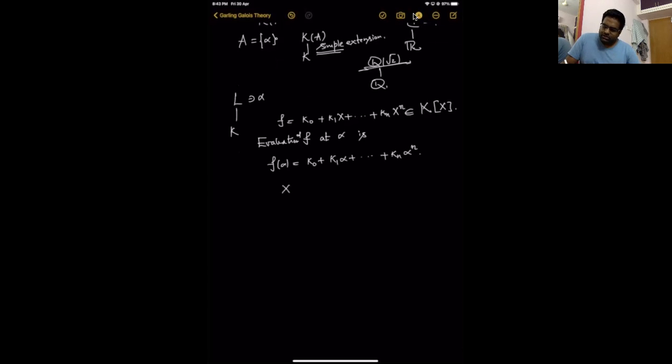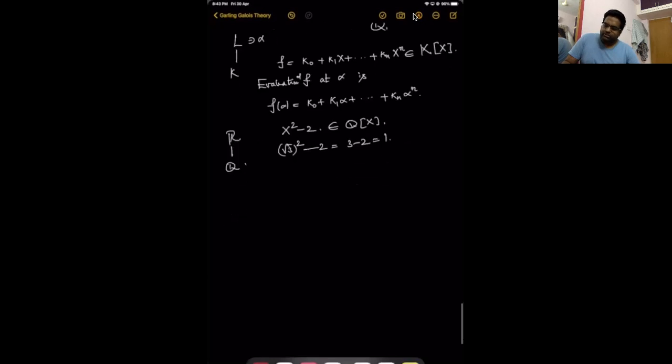For example, x square minus 2 is a polynomial over Q bracket x, and let us consider this extension. Let us pick root 3. Root 3 whole square minus 2 would be 3 minus 2, which is equal to 1. So this is the evaluation of this polynomial at root 3. Here my alpha is root 3.